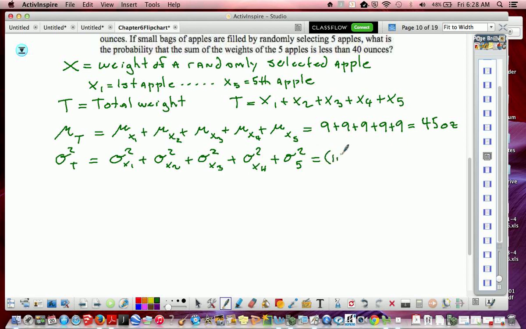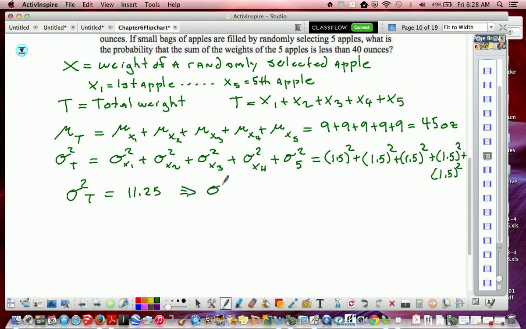So in this case, I'm going 1.5 squared, and I'm doing that 5 times, plus 1.5 squared. So if I do that, the variance is going to equal, if I remember correctly, 11.25. And then I want to take the square root of that.